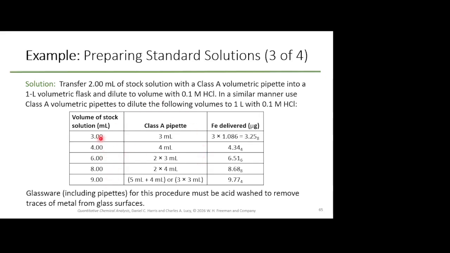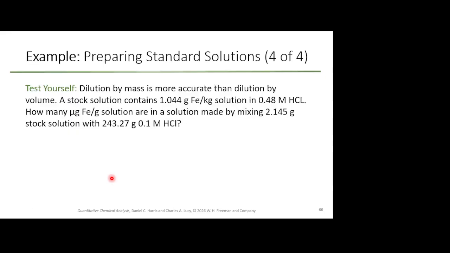So it's 4 milliliters delivered, 6 milliliters delivered, 8 milliliters delivered. When you're doing these, you want to keep them as small amounts delivered as possible. Most times you're going to have something like 3-4 milliliter ones that you could use, so you end up using combinations for a lot of these. Rarely are you going to have 1, 2, 3, 4, 5, 6, 7, 8, 9, 10 milliliter pipettes.